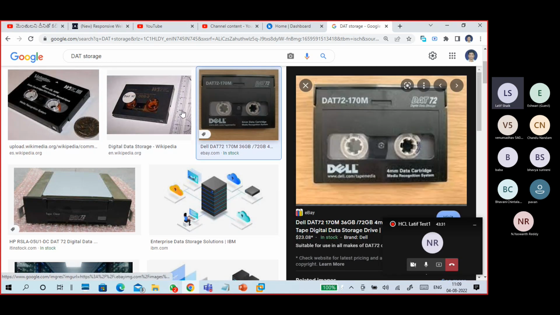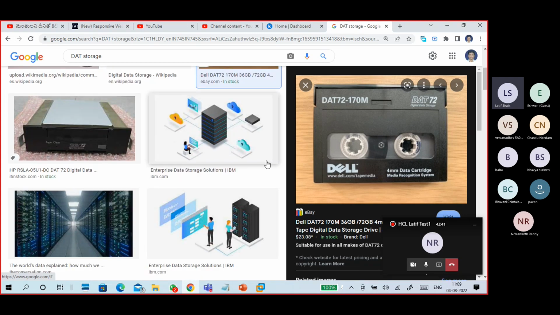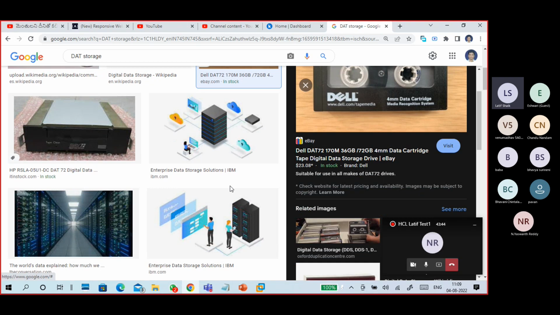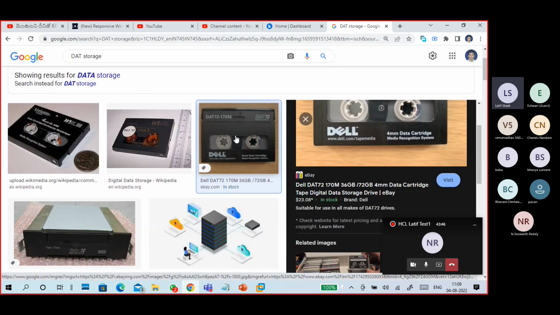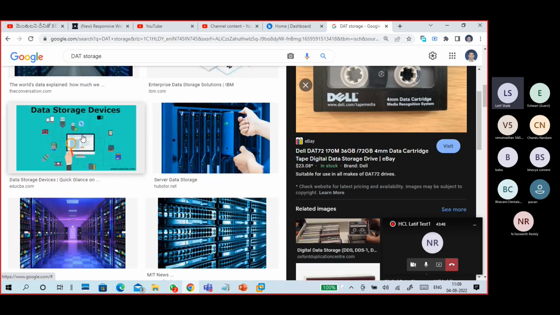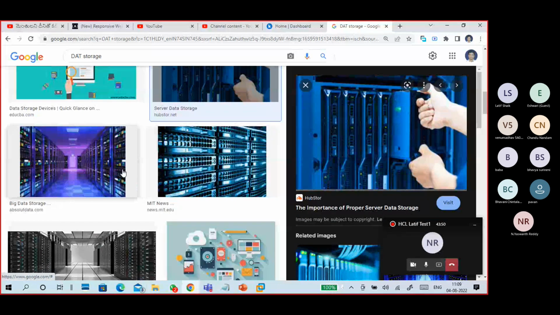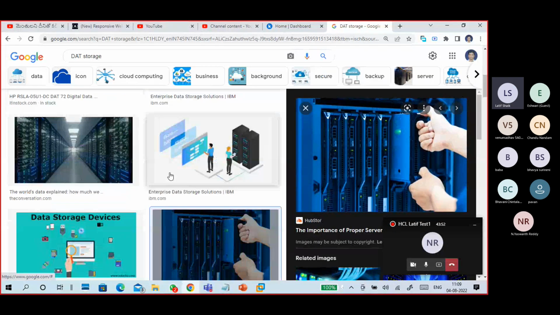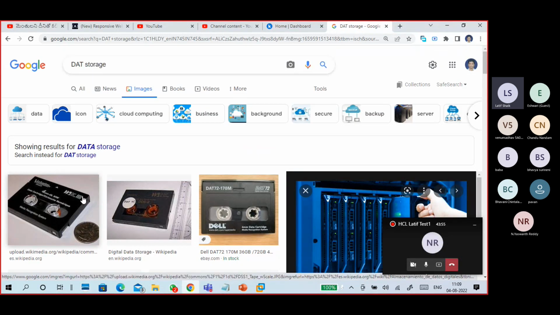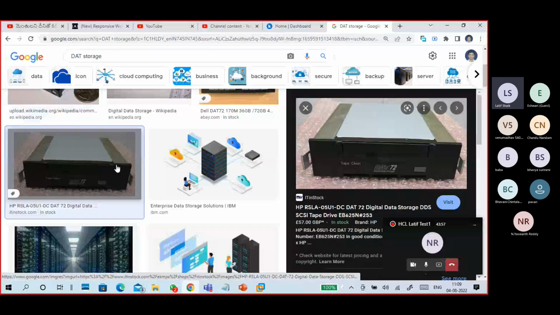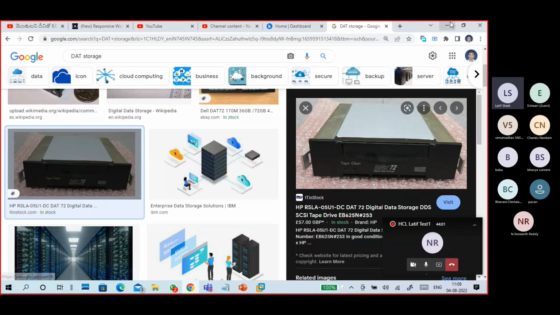There are different types, like DAT 72. DAT 72 means around 36 GB capacity. These DAT storages show different things, but this is the cassette type, which you can insert into the drive.